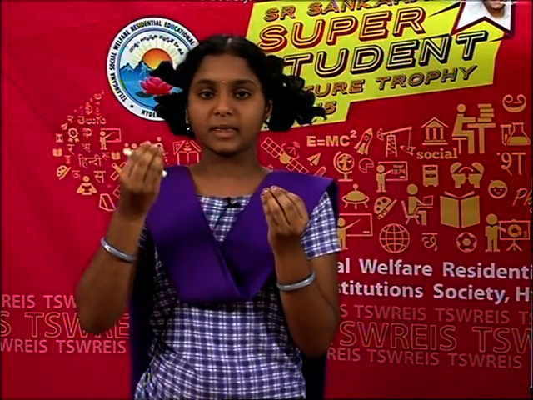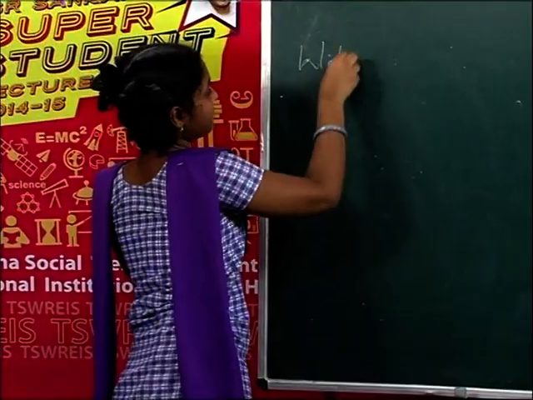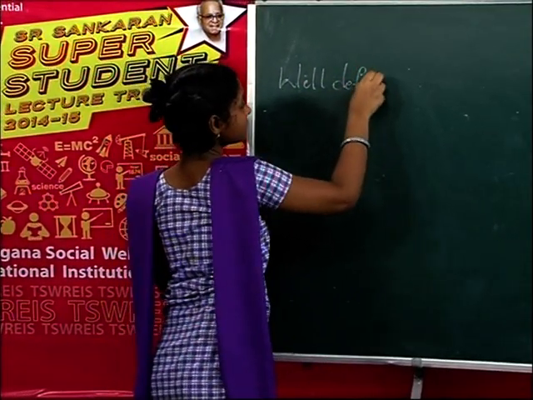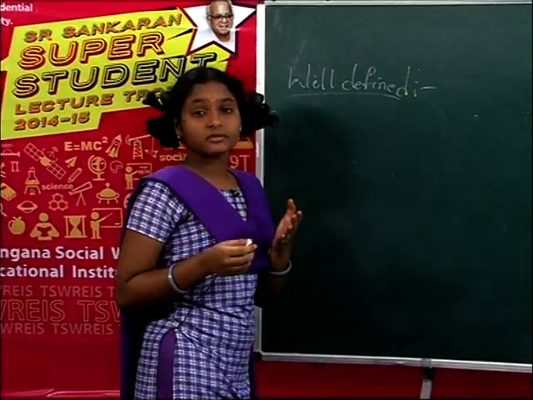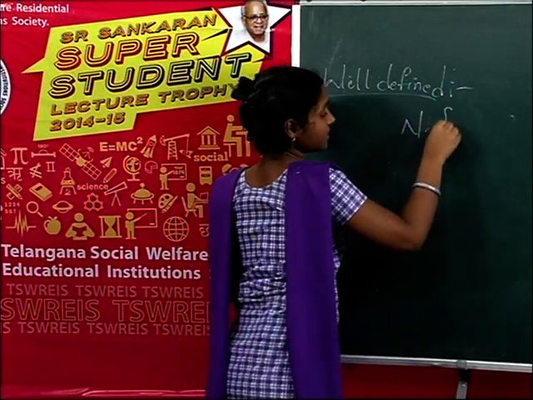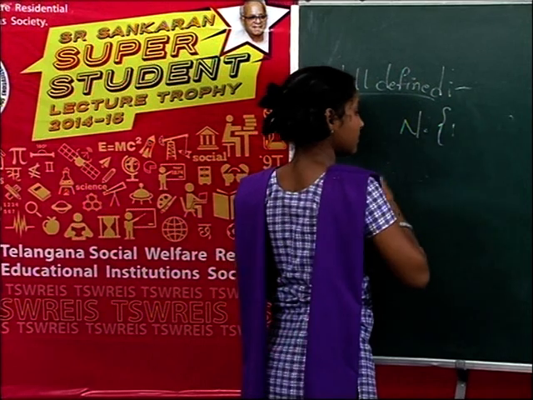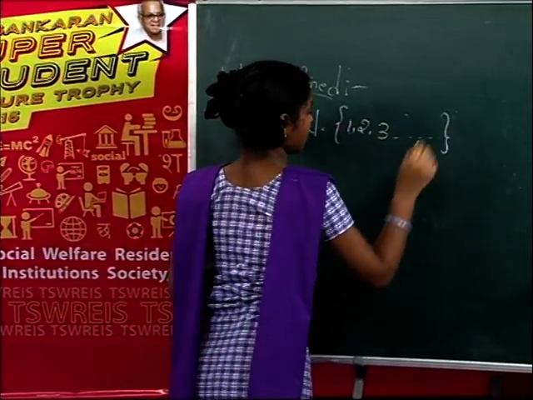Well defined means we can say particularly whether an element belongs to that set or not. For example, take the set of natural numbers. We know that natural numbers start with 1, 2, 3 and go on.